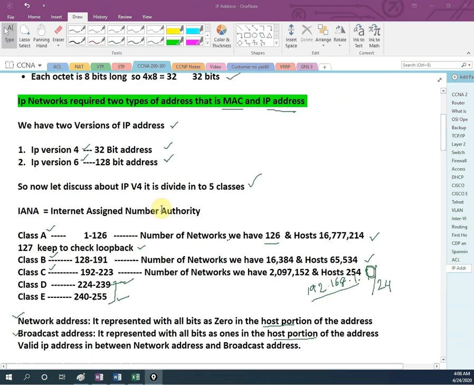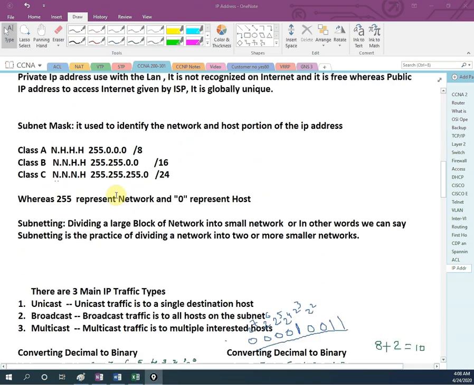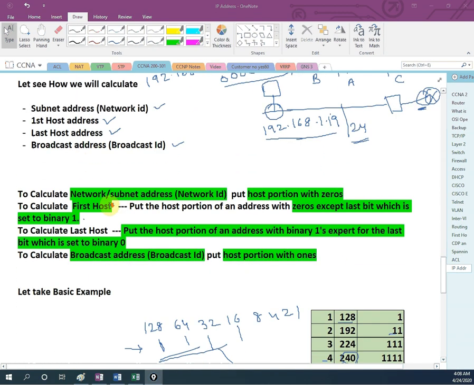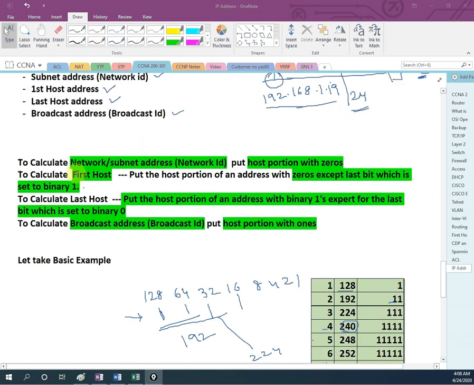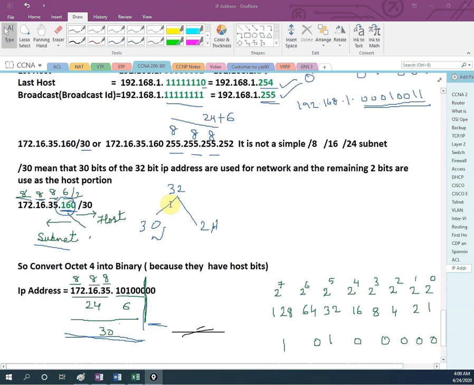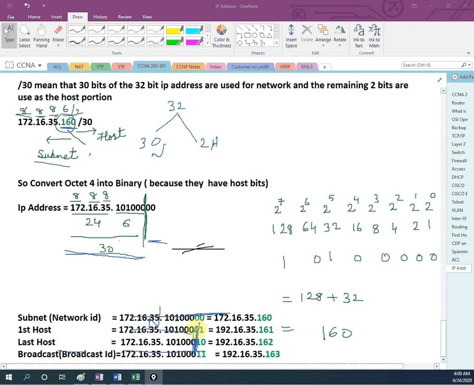See here, if you remember this statement, to calculate the first host we need to make all 0 except the last bit. So what I did here, I made all 0, already I have 0, and I keep the last bit as 1. So if I keep the last bit 1, this is 1 0 1 0 0 0 1. If we convert it into decimal, we will have 161.